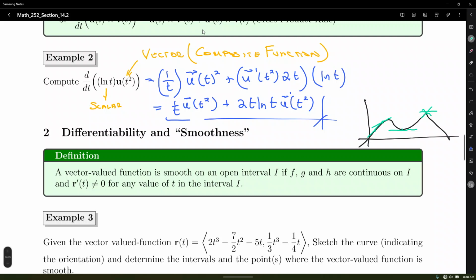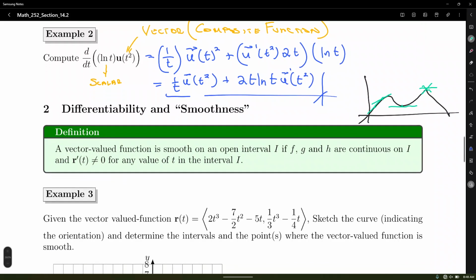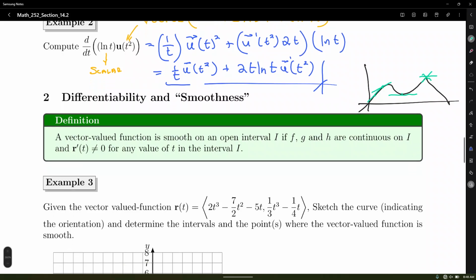A vector valued function will be considered smooth on an open interval I if f and g, if we're working in R2, and f, g, and h if we're working in R3, are continuous on the interval I and wherever the derivative of the vector valued function is not equal to the 0 vector.